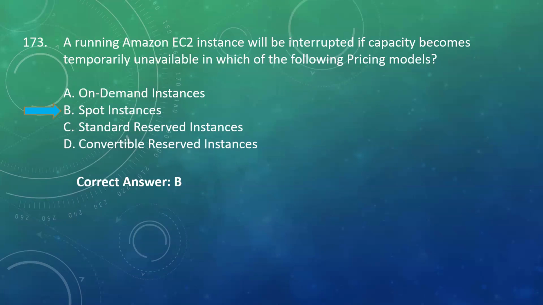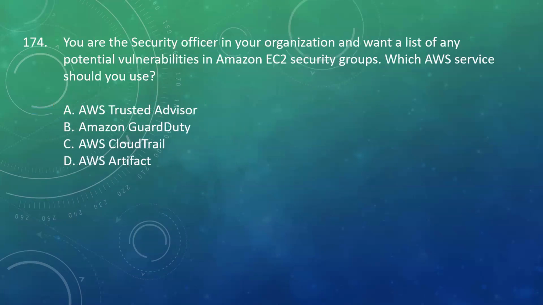Next question. You are the security officer in your organization and want a list of any potential vulnerabilities in Amazon EC2 security groups. Which AWS service should you use? Your options are AWS Trusted Advisor, Amazon GuardDuty, AWS CloudTrail, AWS Artifact.